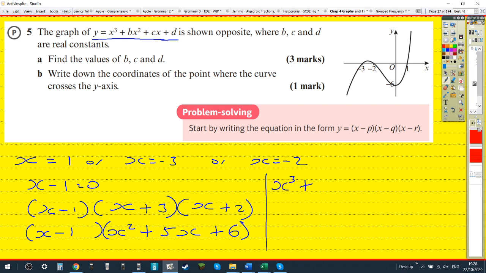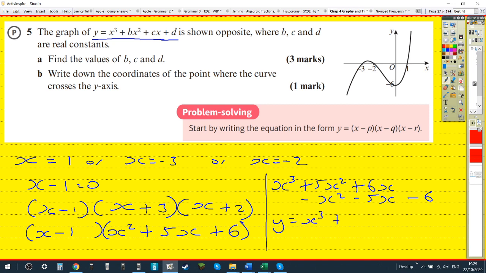And then you'd simplify that down. So would it be x cubed plus 4x squared plus x minus 6?